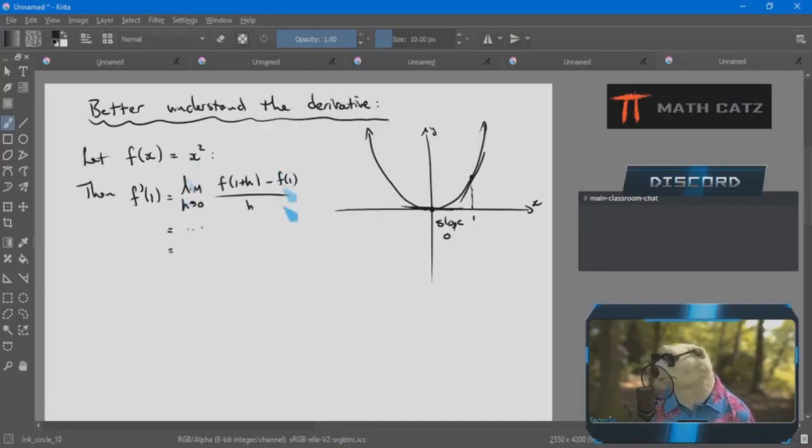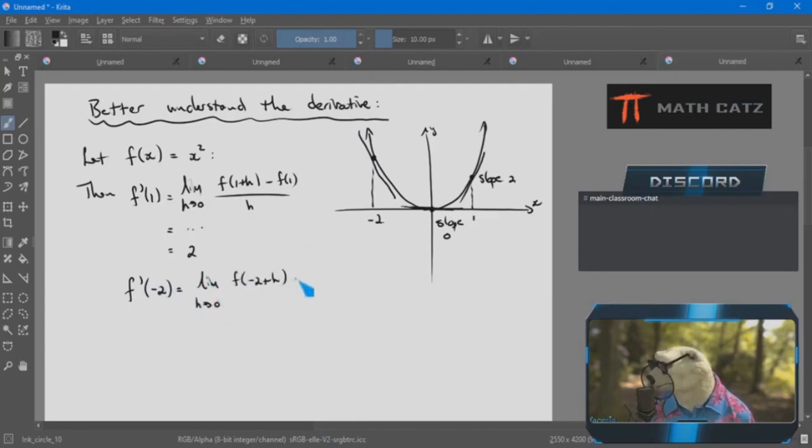You go through the motions, you do the whole song and dance. It takes a couple of minutes, if not more. You get a 2. So the slope is 2. Maybe I want to know what is the slope here at -2. So then I have to find the derivative at the value -2. I set up my limit definition.